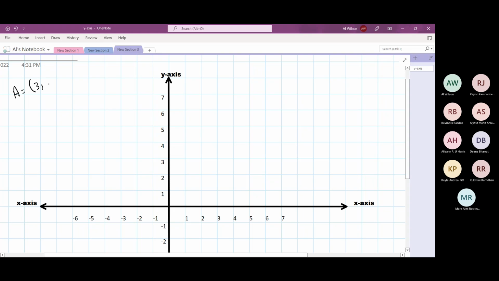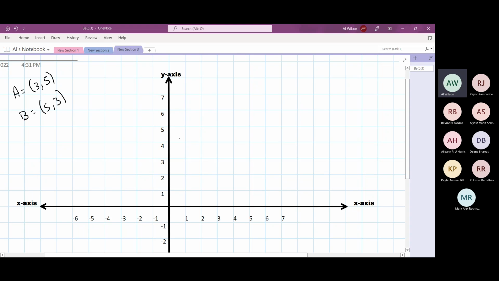Jot it, yes, you have to. Let's say point B is equal to 5, 3. Now, I don't want you to draw right now. I want you to pay attention to what I'm about to show you, because this is where a lot of confusion comes.